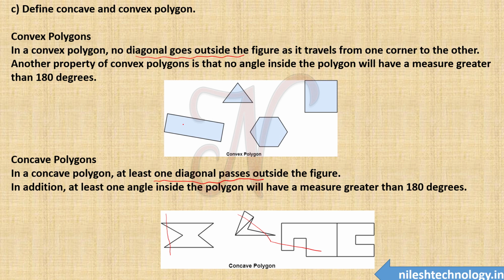This does not happen in a convex polygon. If you pass one line through this polygon, there is no repetition. In a convex polygon no angle inside will have a measure greater than 180 degrees, and here at least one angle will have a measure greater than 180 degrees. So this is the difference between convex and concave.